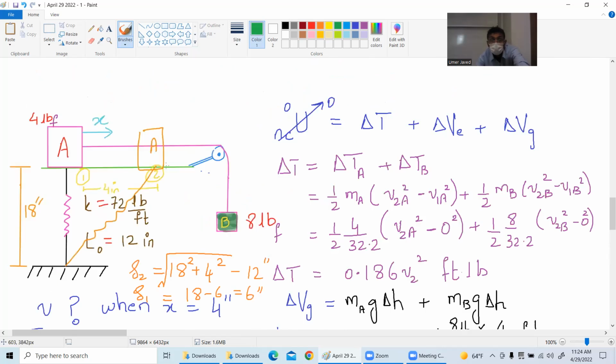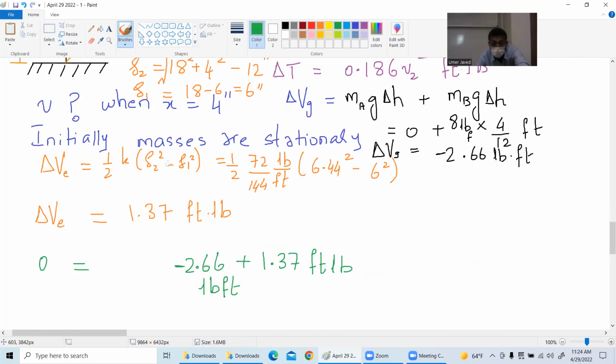And delta T, I've already forgotten, 0.186 V2 squared. V2 comes out to be 2.64 feet per second. Is it clear to Ghazal and Bahadur?